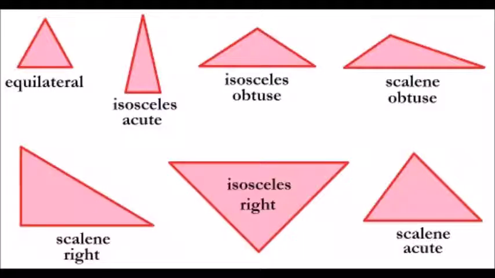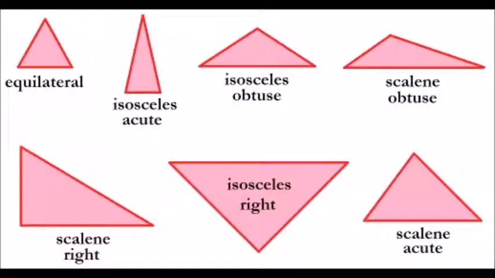After that, we talked about triangles and how they all tessellate. In class, we went over seven triangles: an acute scalene triangle, a right scalene triangle, an obtuse scalene triangle, an acute isosceles triangle, a right isosceles triangle, an obtuse isosceles triangle, and lastly an acute equilateral triangle.